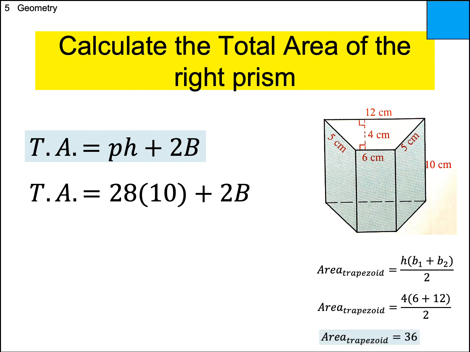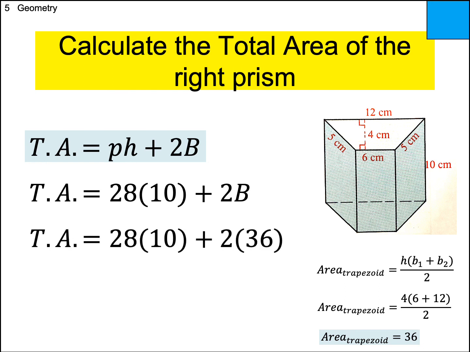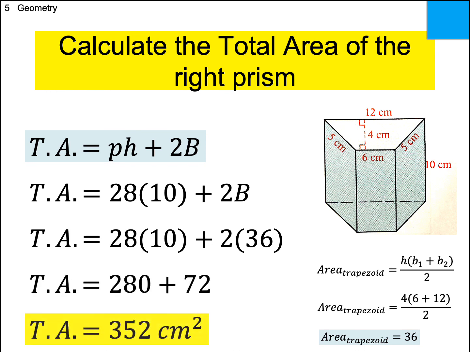So the area of one trapezoid is 36. But I need 2 of them. That's where that 2 comes in. 2 times 36. So all this is just a little bit of evaluation here. That'd be 280 plus 72, and that's going to give me 352. And remember, surface area is a measurement of area, so the units are squared.